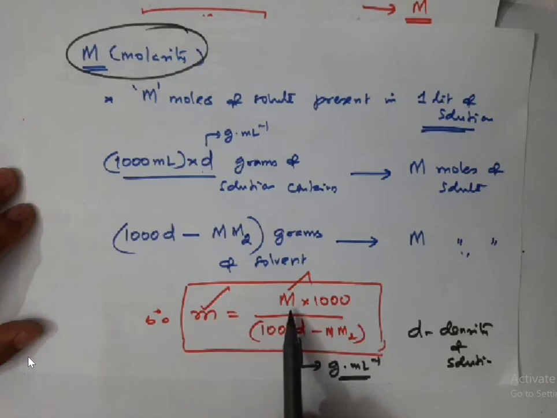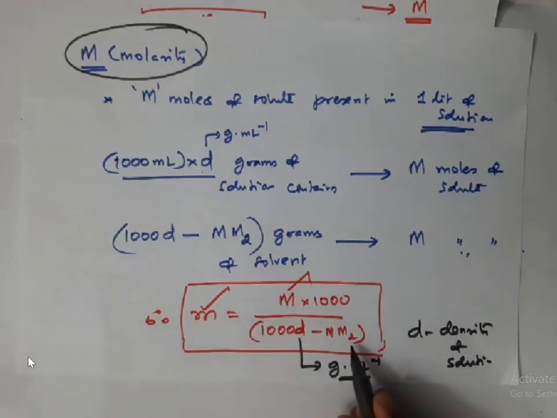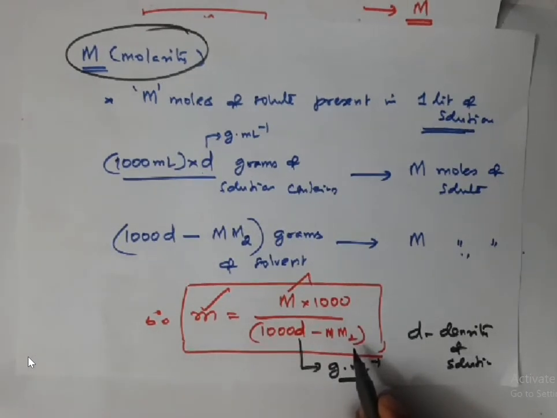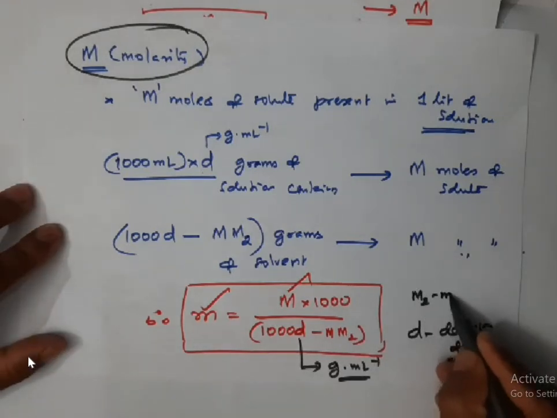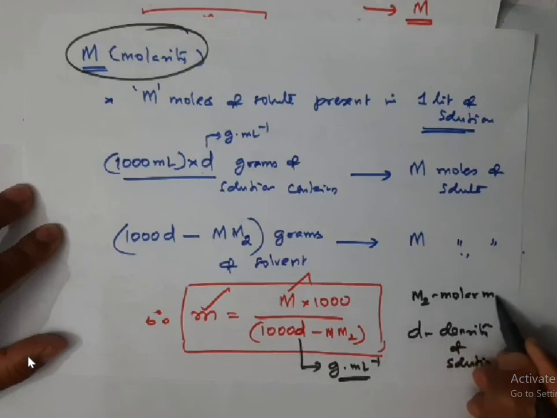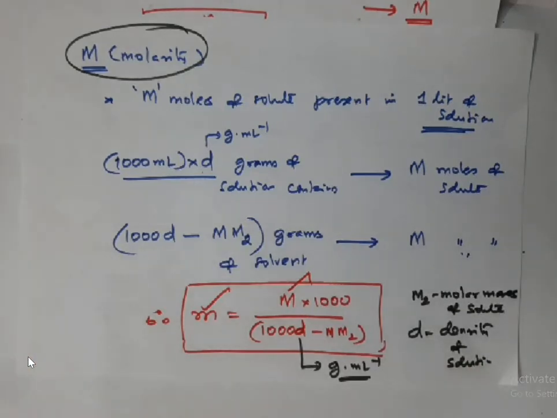Capital M is molarity. What is this M2? M2 is molar mass of solute. Note down. M2 is molar mass. So if you know the solute, you can find out what is the molar mass. Okay, so this will give you the relation between molality and molarity.